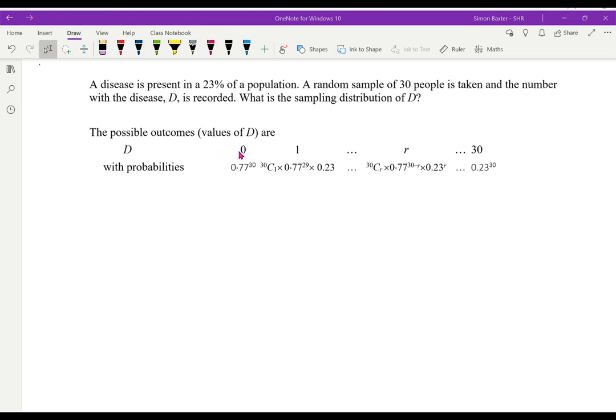Your possible outcomes are 0, they're all people without the disease, 0.77 to the 30. You could have 1 with the disease, 0.23, and 29 without the disease, 0.77 to the 29, happening in 30C1 ways. There's a general term, and they could all have the disease, probability 0.23 to the 30.